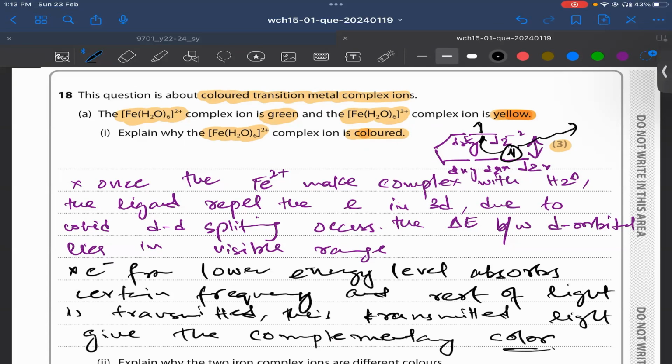So we're not supposed to include the photons thing, the electrons in the low energy orbital absorbing photons? Yes, we discussed that. Like in this point, the electron from the lower energy level absorbs a certain frequency, you can say a photon of a certain frequency.